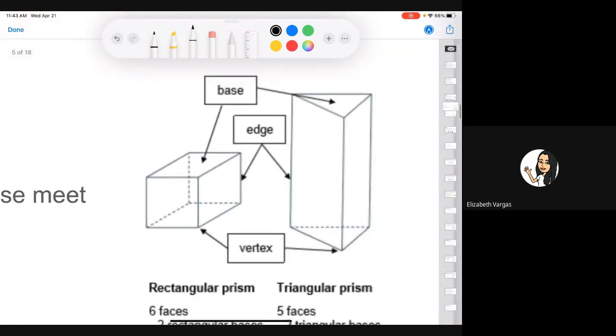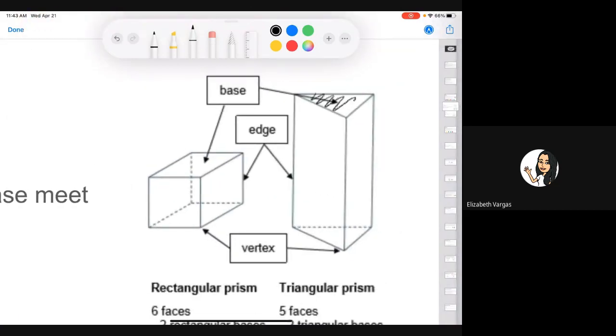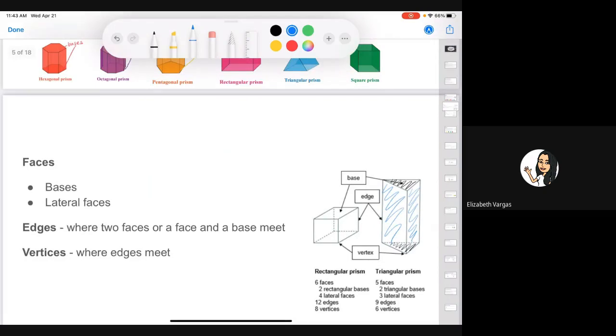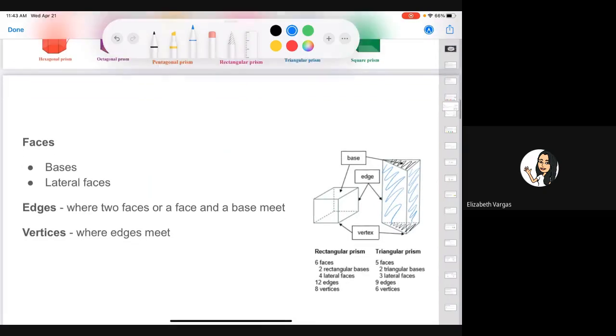In this example, our bases are triangles, and then the lateral faces, which are these faces right here, take an entirely different shape. They're not triangles. So keep that in mind, but all of them would be considered faces. Both the bases and the lateral faces together would be considered just the faces.